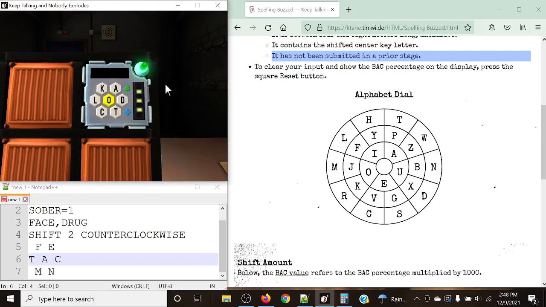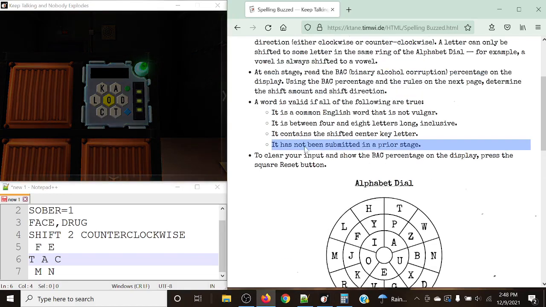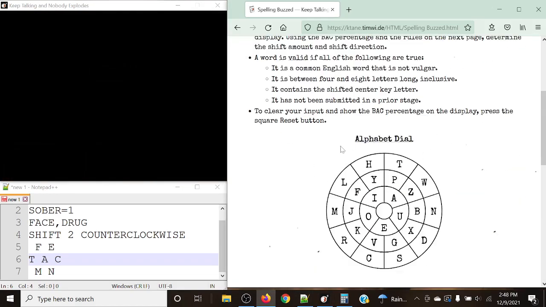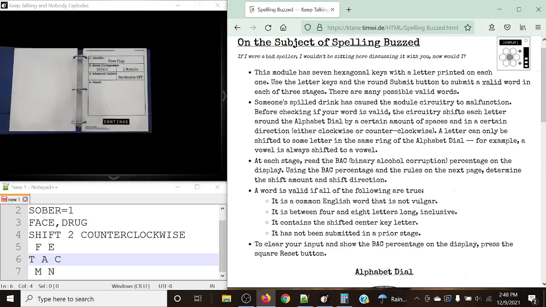Let's go over one more example because this module is a lot of fun to do, but it's not actually played that often, and I think it's a really underrated module. There are some interesting cases where sometimes it's very difficult to find a word, but understanding that you actually can use duplicate letters.